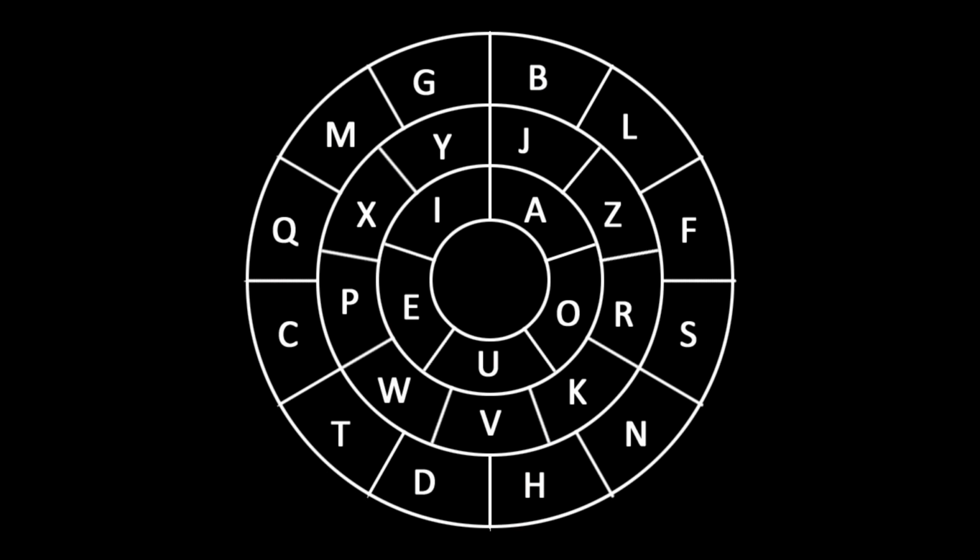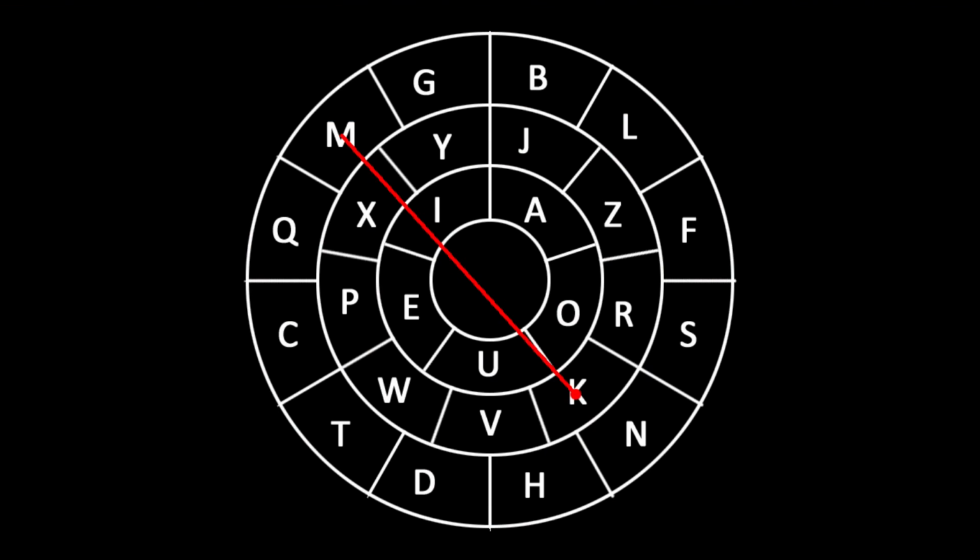In the links below, there is a link to my website where you can download a disc which has all the letters of the alphabet associated with it. We are going to use this disc to create a sigil.